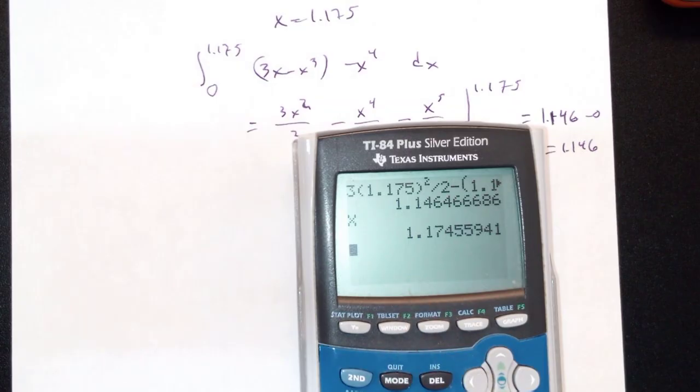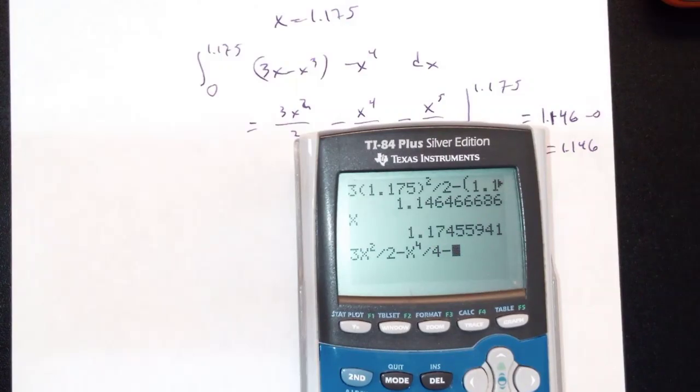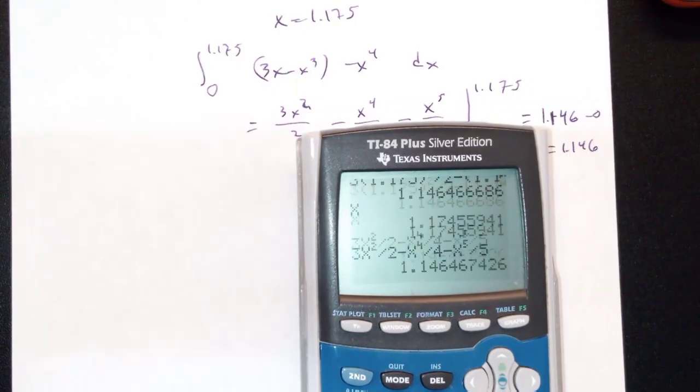And I could literally write 3x squared over 2 minus x to the 4th over 4 minus x to the 5th over 5. I don't need to copy down squat. It does kind of throw the sig figs out the window, though, because I've used all the decimal places in my interim calculations.